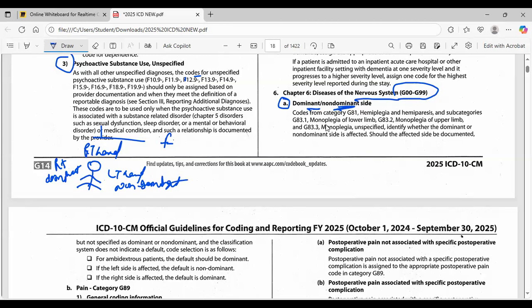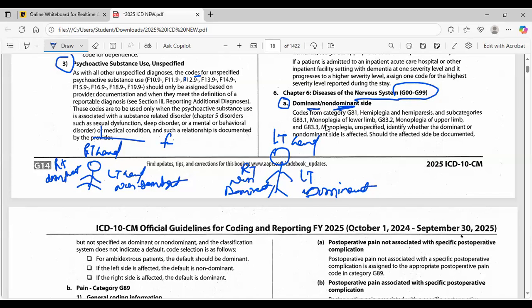And if the patient is left-handed, then the left hand is dominant and the right side is non-dominant. So our monoplegia, hemiplegia, and paralysis codes are based on the dominant and non-dominant side.